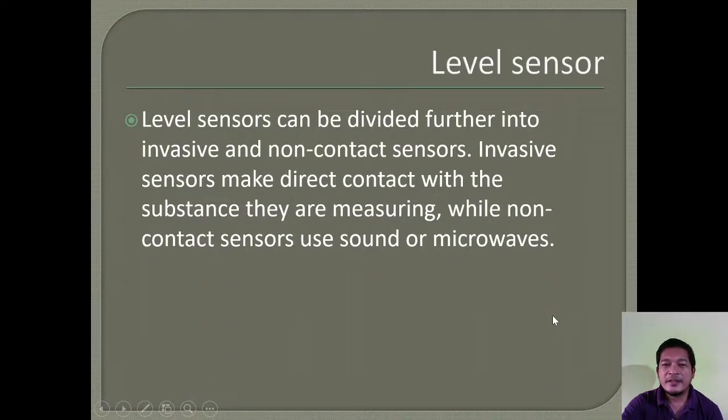Level sensors can be divided further into invasive and non-contact sensors. Invasive sensors make direct contact with the substance they are measuring, while non-contact sensors use sound or microwaves.